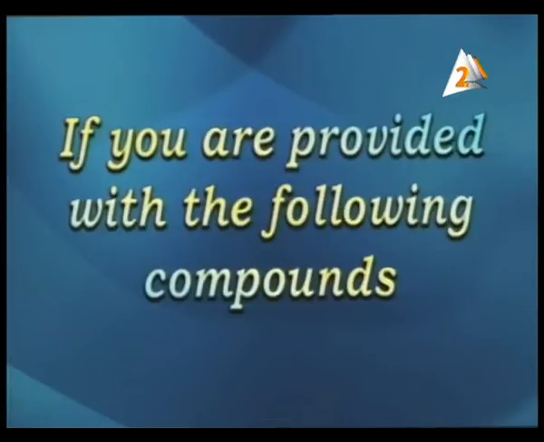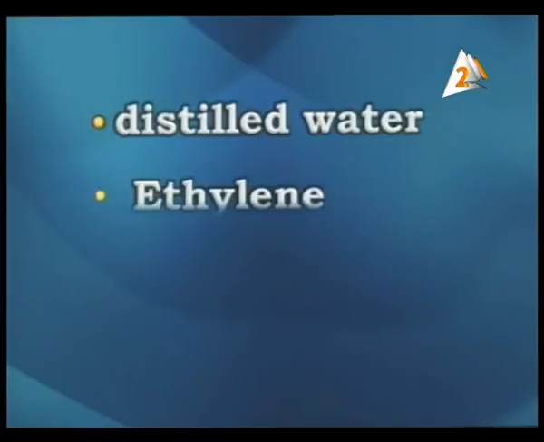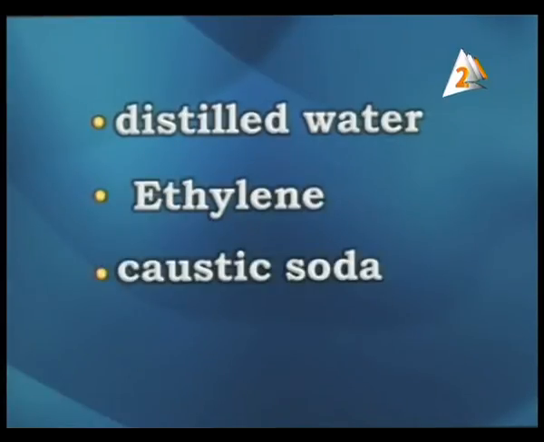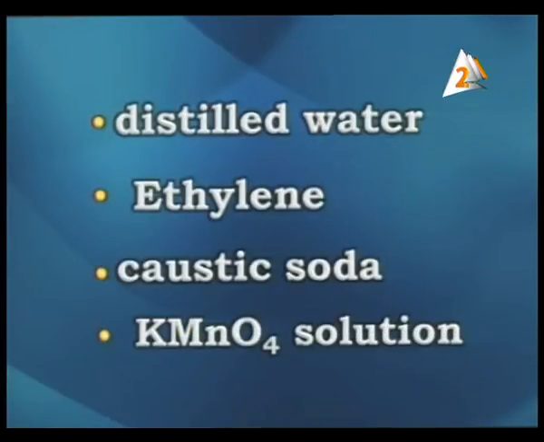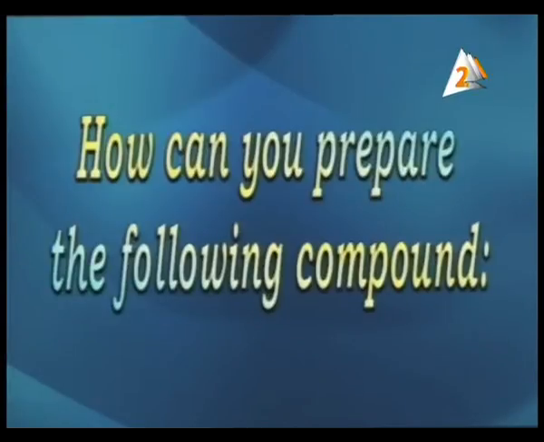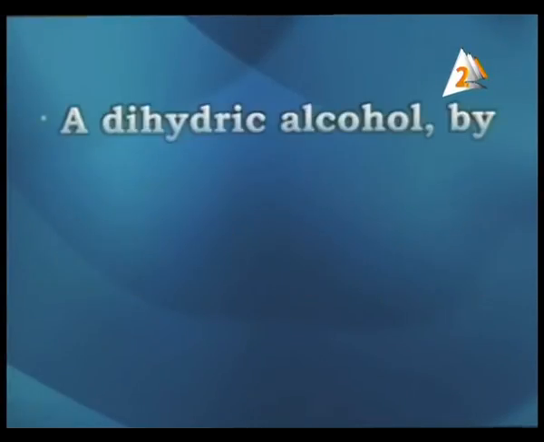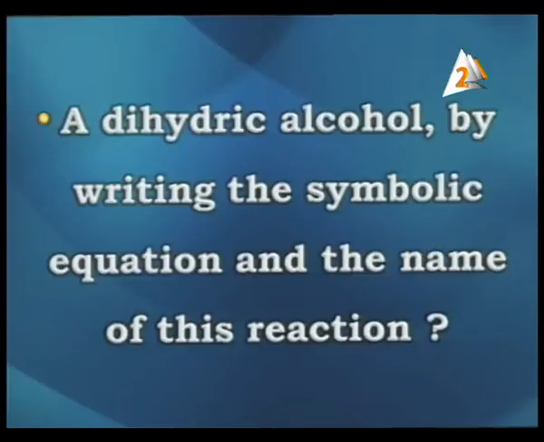Next type of question, my dear student. If you are provided with the following: distilled water, ethylene, caustic soda, potassium permanganate solution, how can you prepare the following compound? Dihydric alcohol, by writing the symbolic equation and naming the reaction.